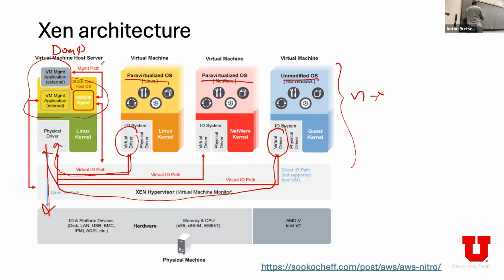Essentially, it's an ability to expose multiple instances of the network card. This VM will get access to this network card, and the second VM will also get access to an instance of this network card through this interface, right?